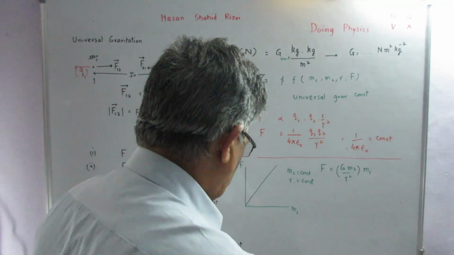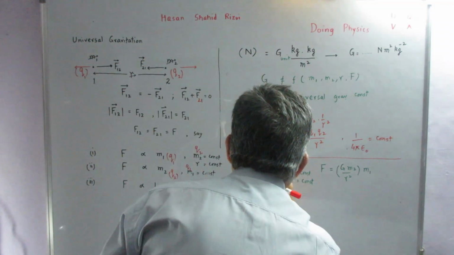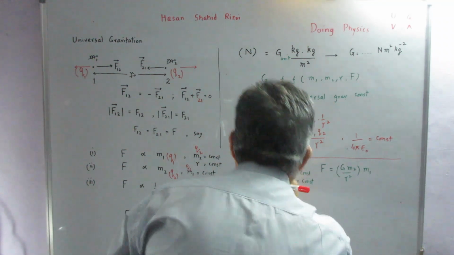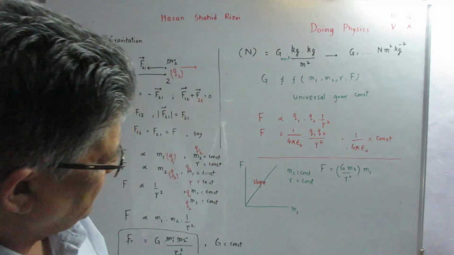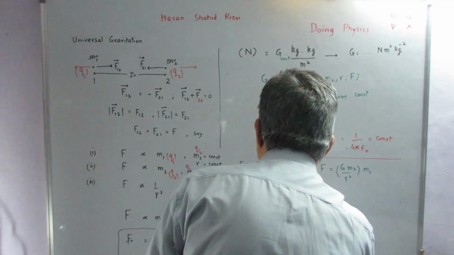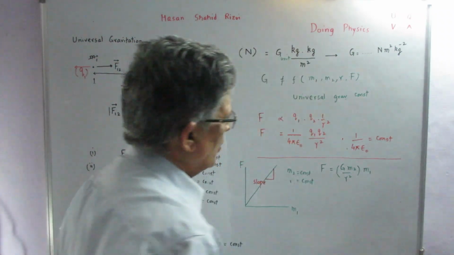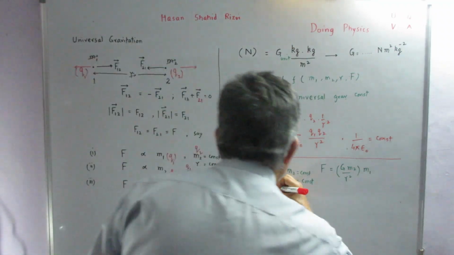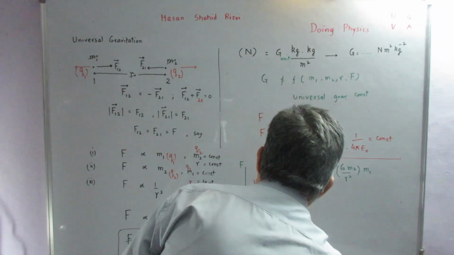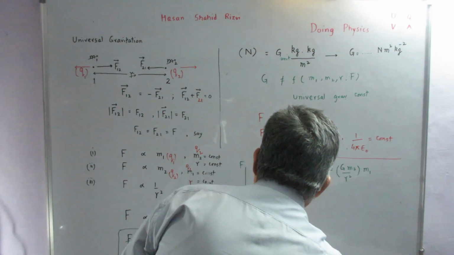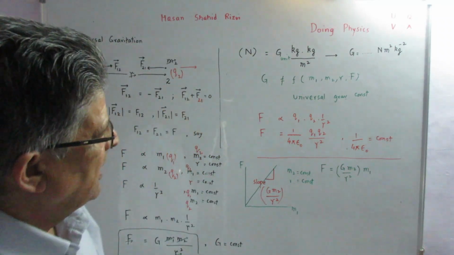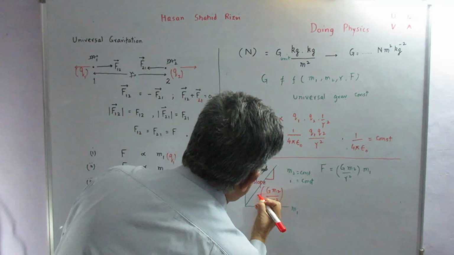So the slope here, which is indicative of the constant of the system, delta F upon delta M1, will turn out to be equal to capital G M2 upon R square, where all these things are constants. So this becomes the slope of the system.